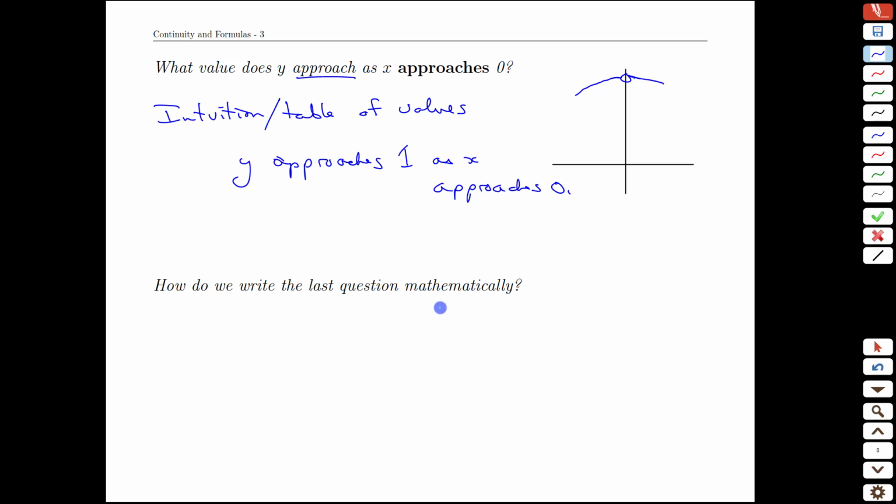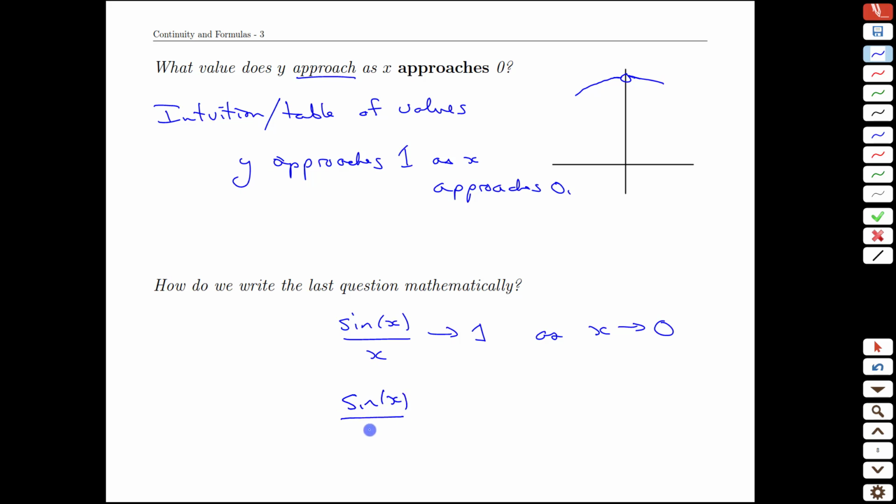For those who have done calculus before, there is a really nice way to state this mathematically that you should be familiar with. If we talk about sine of x over x approaching 1, sometimes it's written like this, as x approaches 0. That's not really the technical way to say it, though.